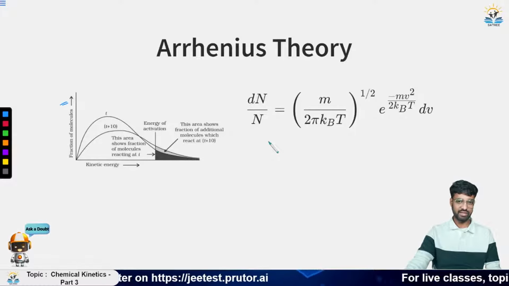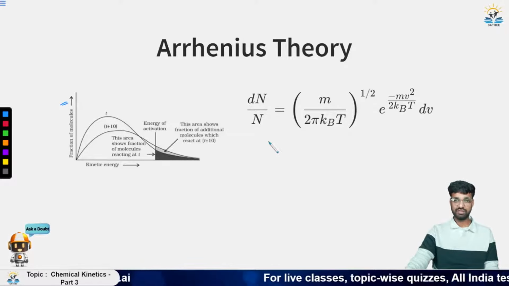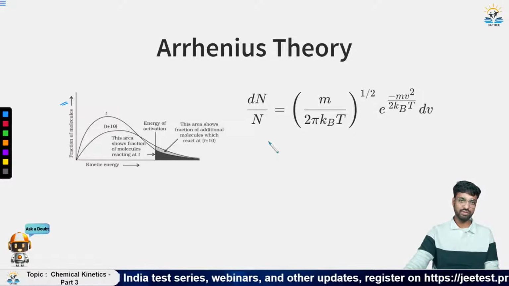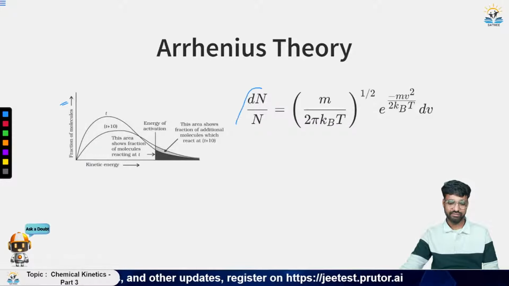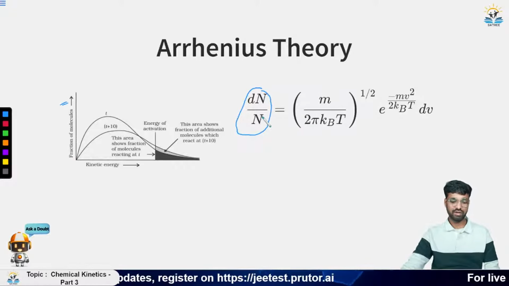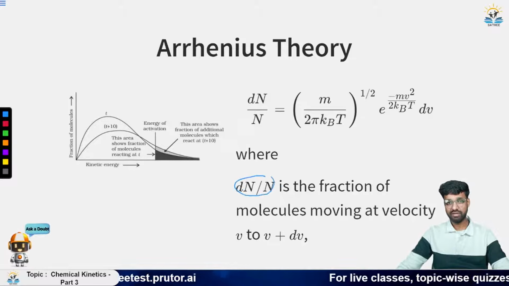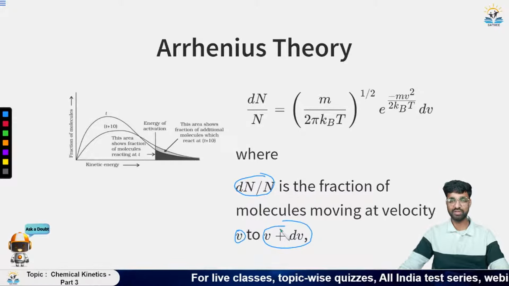So what is this basically? It is the distribution of the particles with change in temperature. So it says how the number of particles in an energy state will change with change in temperature. So if you see here, this fraction, dN by N, is the number of molecules having a velocity between v and v plus dv.